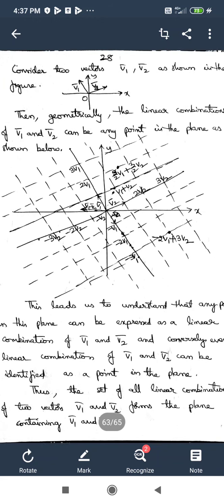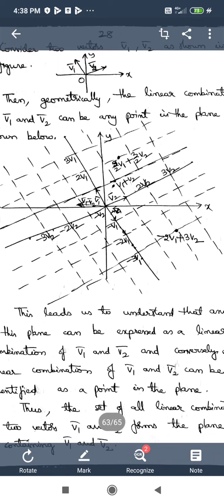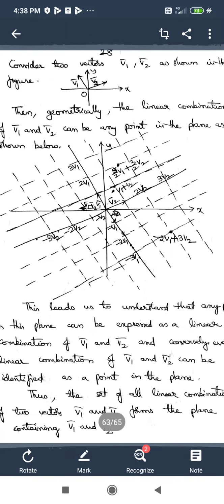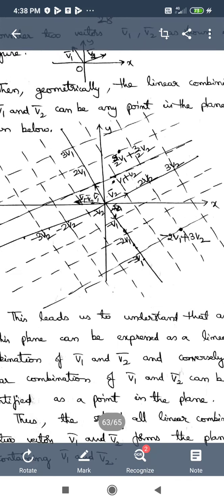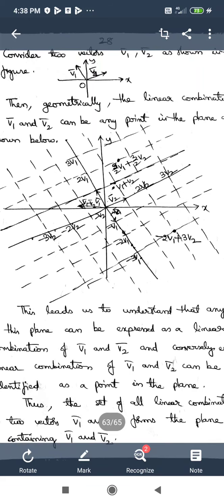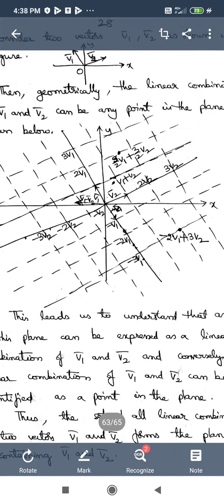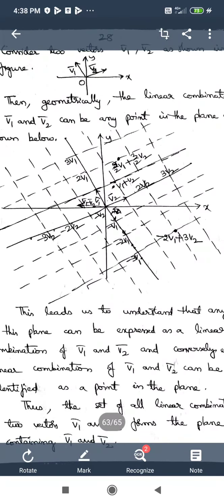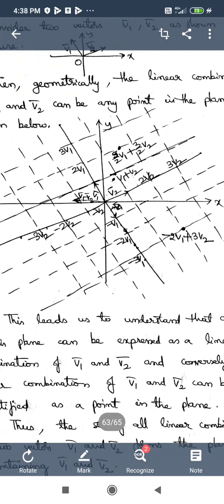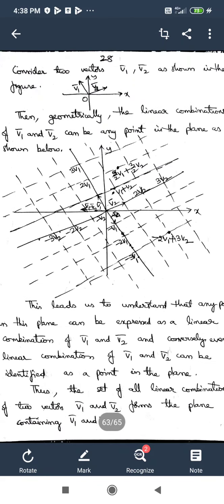Even in the geometrical notation, we can have only some of them. We can't see each and every linear combination of v1 and v2 in the figure. So we shall try to see at least some of the linear combinations of v1 bar and v2 bar in the figure.